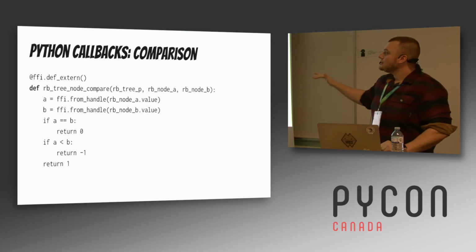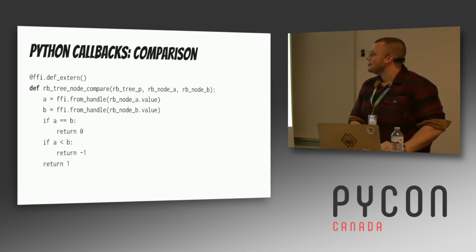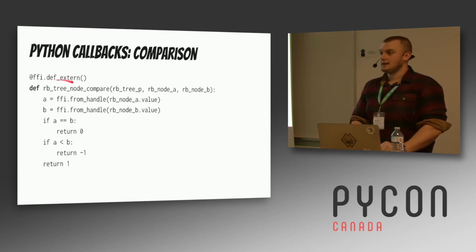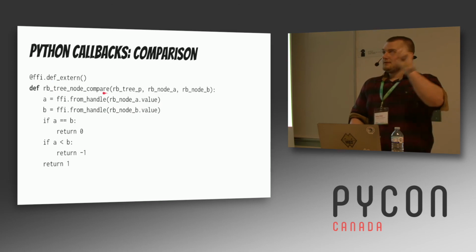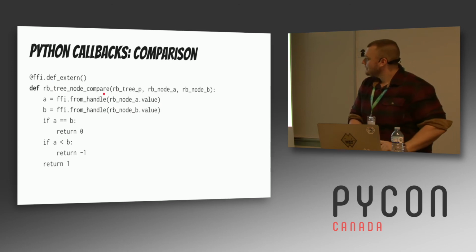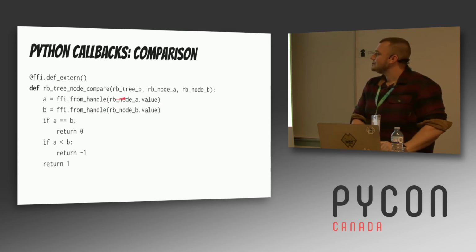And then in our module, we're going to have this FFI.def_extern decorator. We're actually going to define the function. It shares the name of that extern Python function. And this is actually pretty simple. We just do FFI.from_handle, and we take the value from the nodes, and we just do a simple comparison.